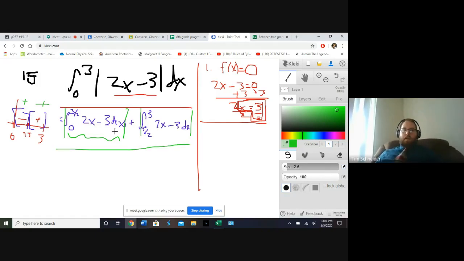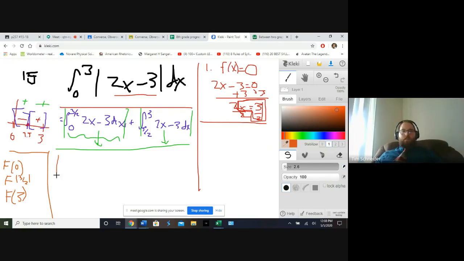Now we just take each separate integral, and what will that give us? I'm actually going to write this out as it will be, and then let's solve for the different things. Remember, we're going to want capital F of 0, capital F of 3/2, and capital F of 3.